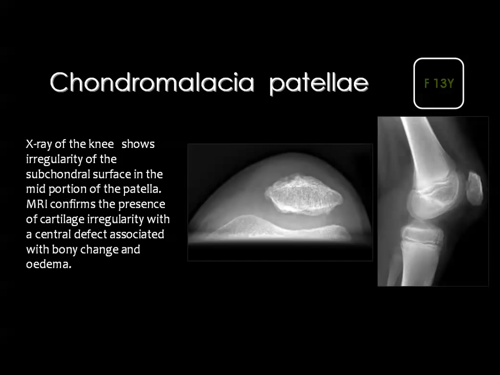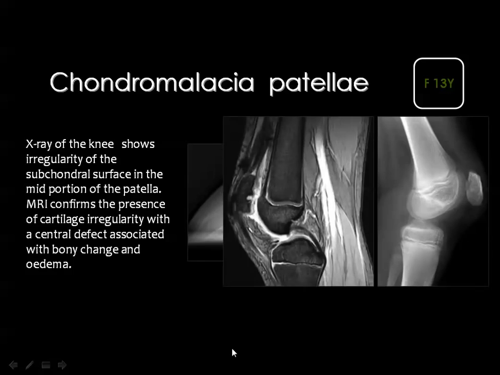And chondromalacia patella passes through different stages, starting from early changes in the cartilage, ending by degeneration of the patellar bone itself. And whenever you see irregularity of the articular surface of the patella, sclerosis, and some defects known as osteochondral ulcers, then you know that this is an advanced case of chondromalacia patella.